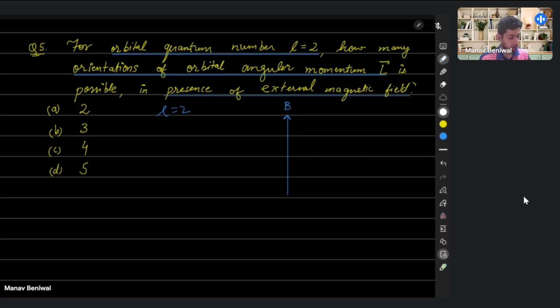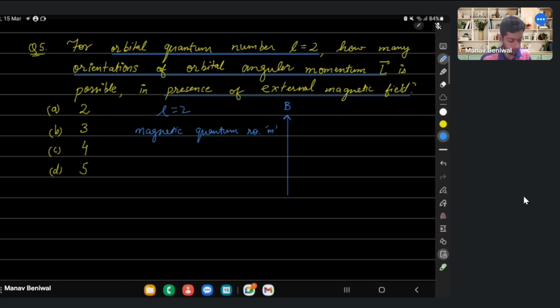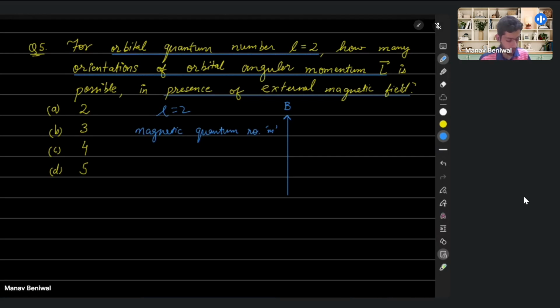Okay, so now other thing that we know is we have magnetic quantum number m, and the value of m starts from -L and then gets increased by 1 and keeps on increasing till we reach L. Right?